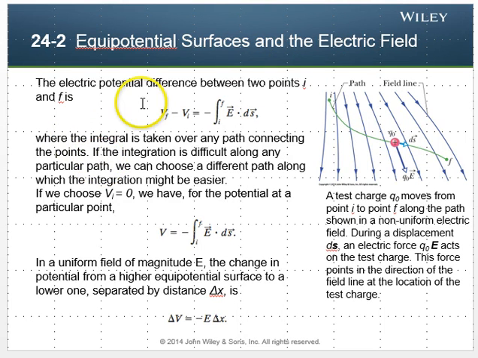If we want the potential difference between two points, remember, the electric field is the force per unit charge, right? So when we have this term E dot ds, that's the force per unit charge times the distance we're moving it through.